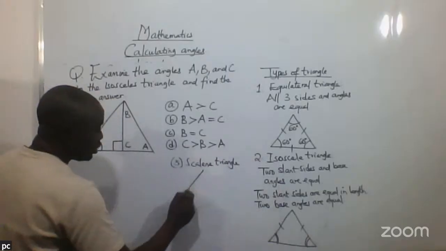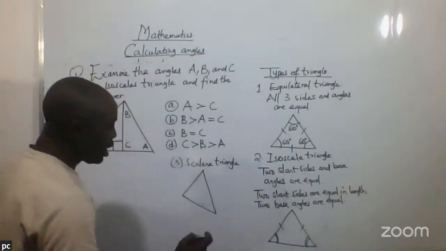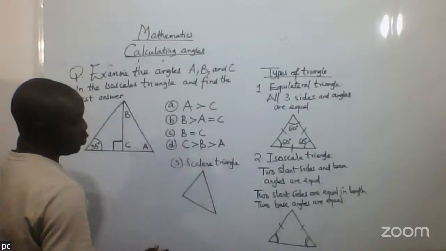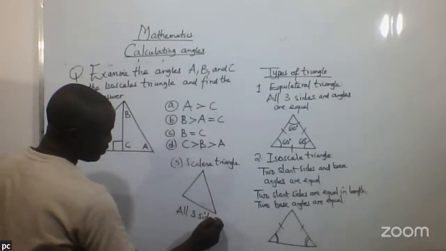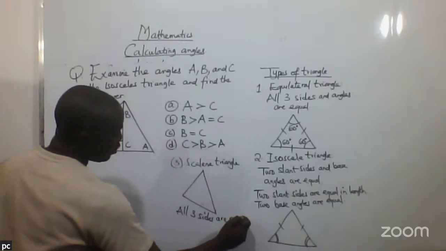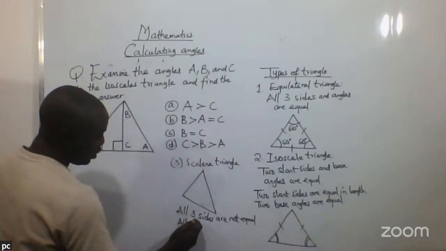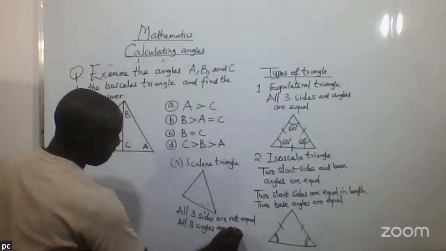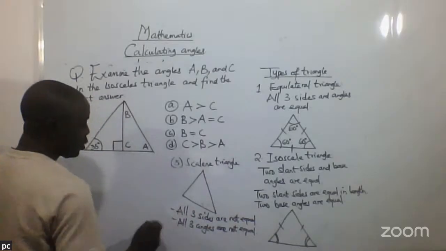In the case of scalene triangle, all three sides and angles are not equal. All three sides are not equal. All three angles are not equal. That's it.